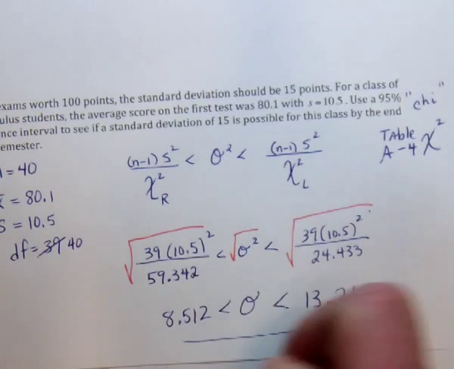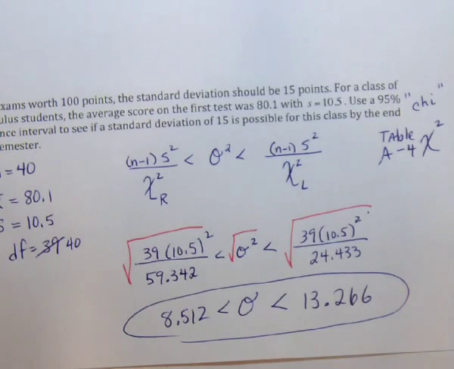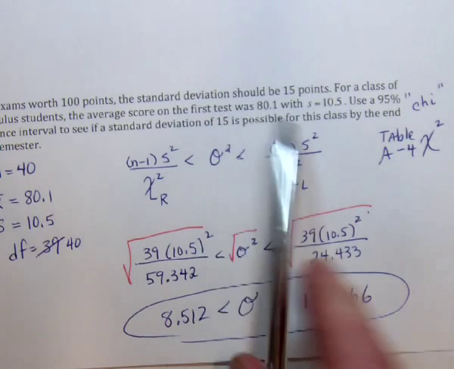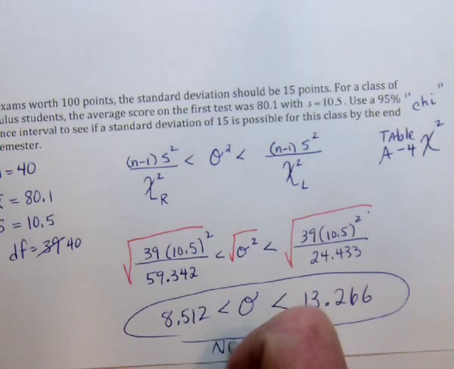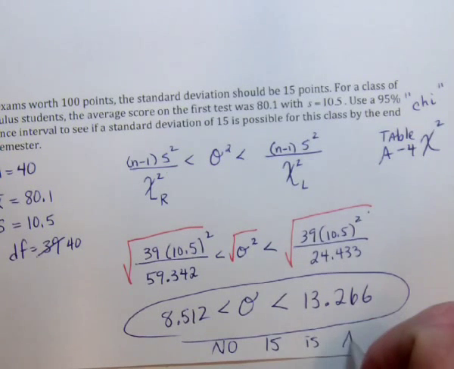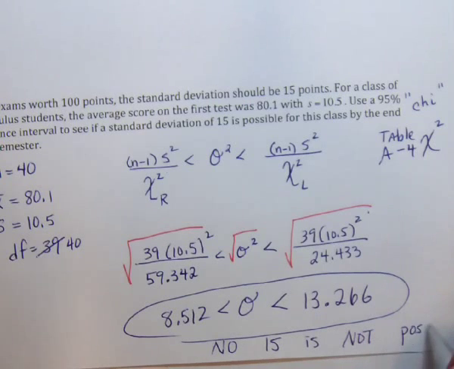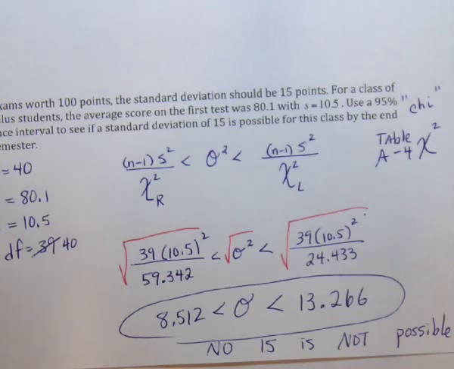So in other words, for that particular calculus class, the standard deviation on tests is probably somewhere between 8.5 and 13. So that means that no, the 15 is not possible. It does not land in the interval. And that's it. That's chapter 7.